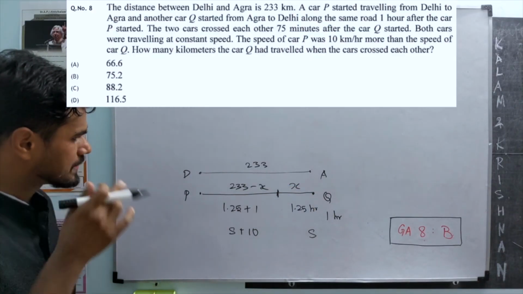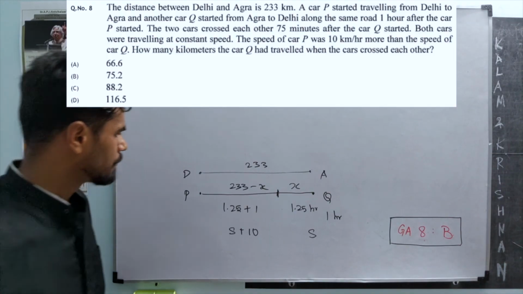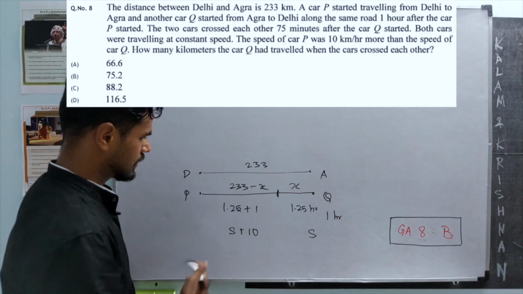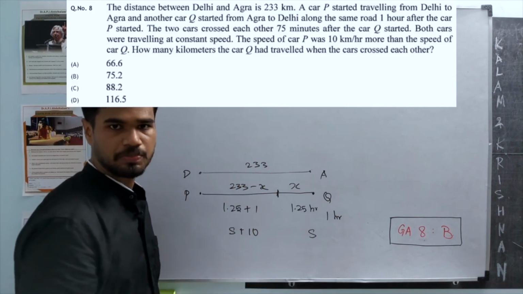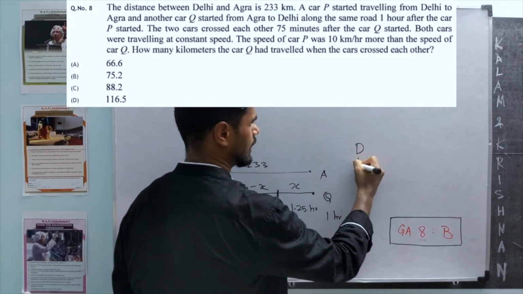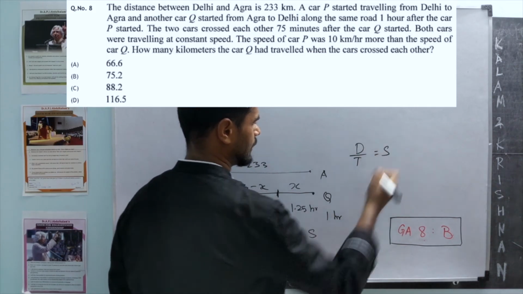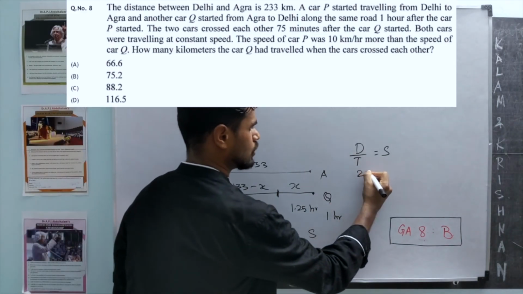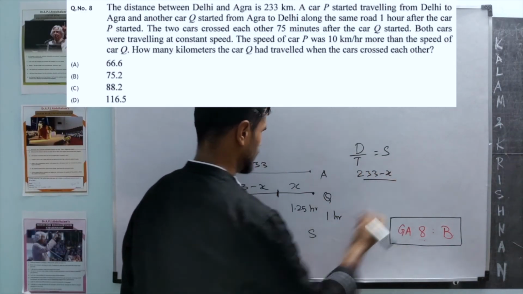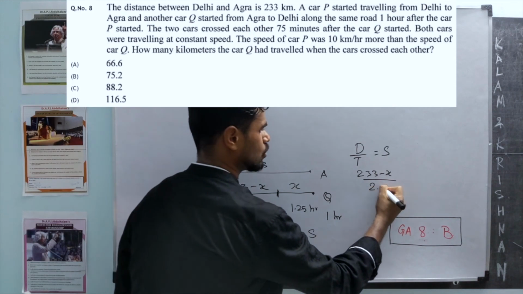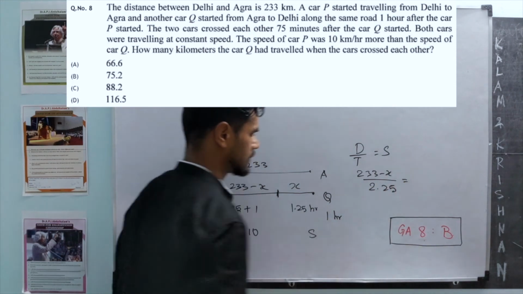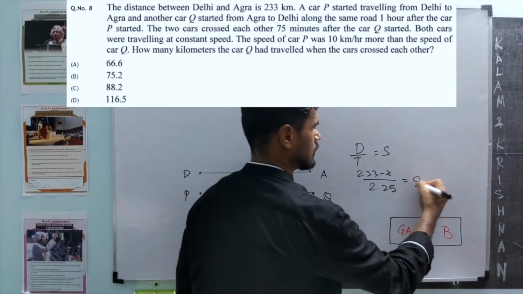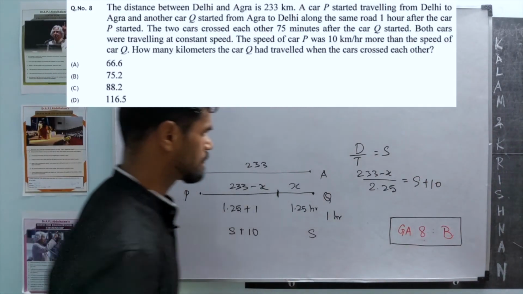So let's convert all this information into equations. First thing, distance by time is speed, right? Distance by time is speed, basic relation. That means 233 minus x by the time it travels, 2.25, is S plus 10. That's one equation.